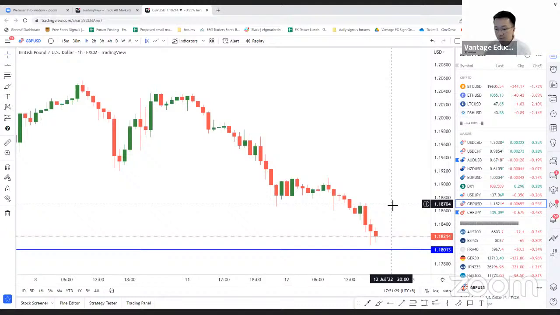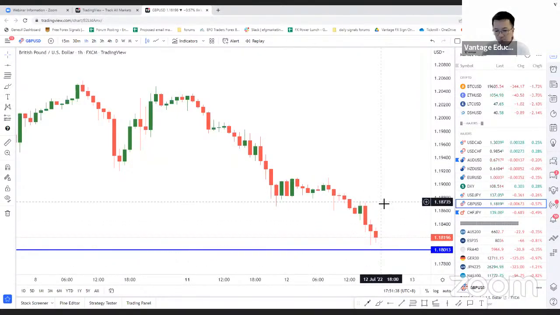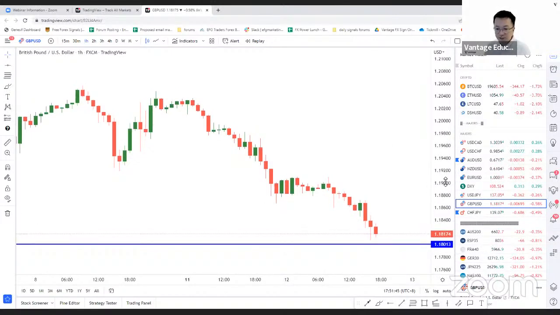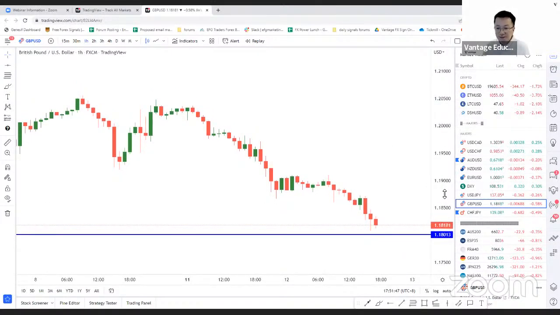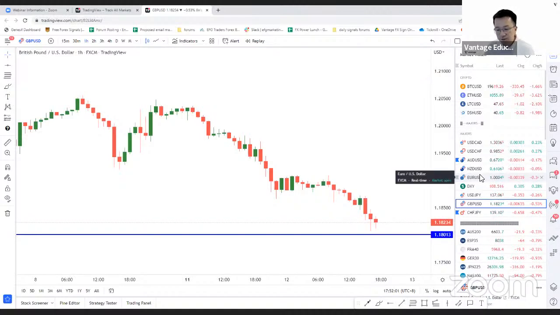Look for price action to combine with that support level, and if it does break that support level, I have a trend towards the downside. I have price breaking that 1.18 level. I would have the triple candlestick patterns telling me that we can anticipate further downside. Then we can see this pushing lower. We could be looking at the pound dollar breaking that 1.18 level towards the downside quite significantly, right? So that was the pound dollar analysis.